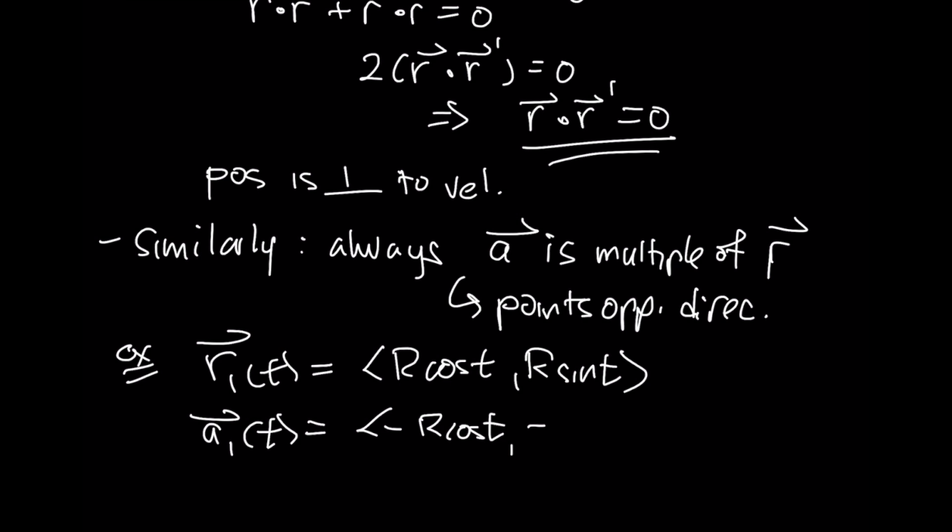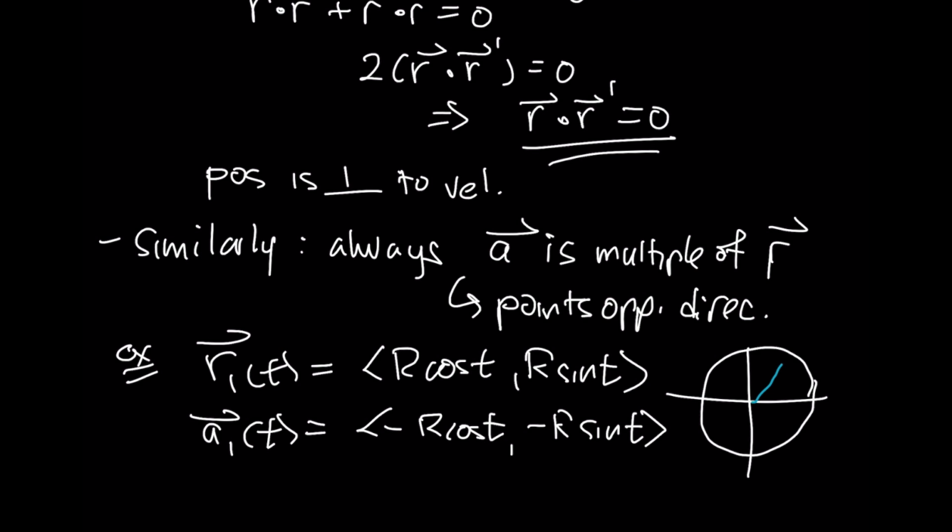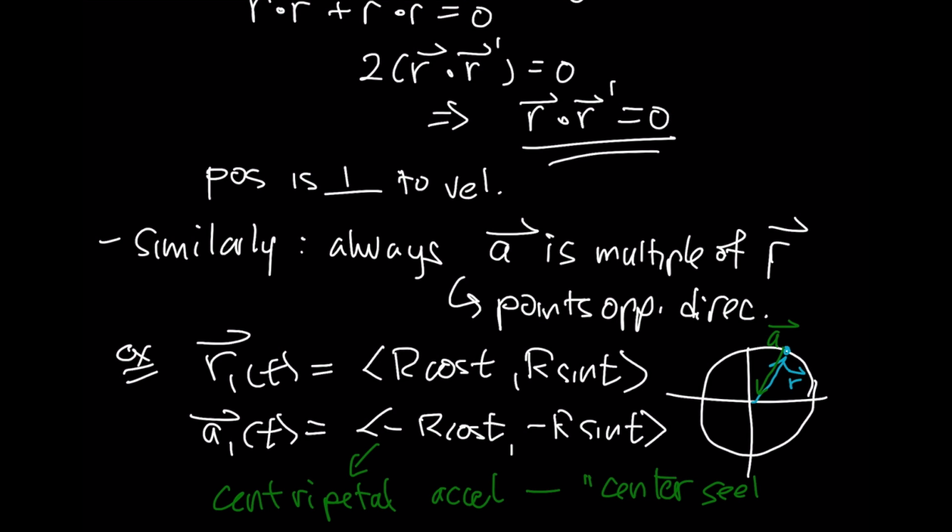So it essentially means that when you are moving along a circle, your acceleration vector will always point in. And this is what's called centripetal acceleration. Centripetal is a fancy word for center seeking. That means it points into the center of the circle.